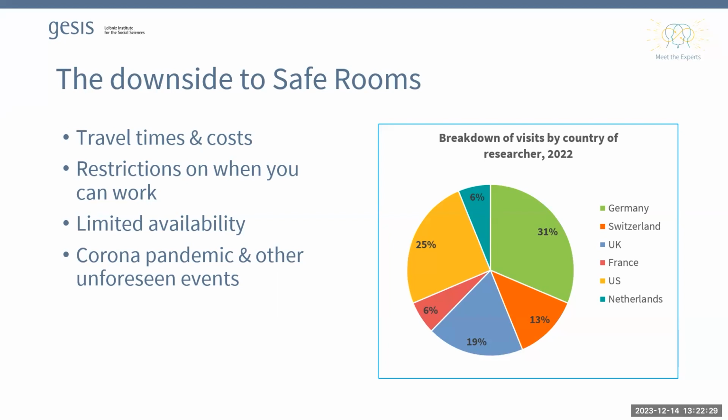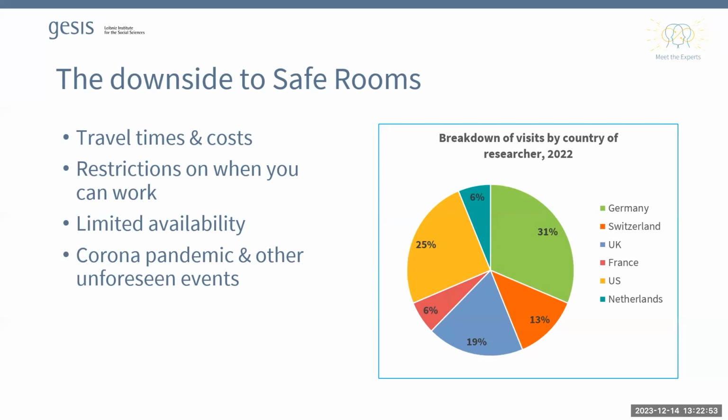There's also limited availability. We have 4 workstations in Cologne and 2 in external locations. And that's fine. Actually, that's a pretty standard size for a safe room. But if we have 7 people who want to come, then we don't have room. So people have to wait.